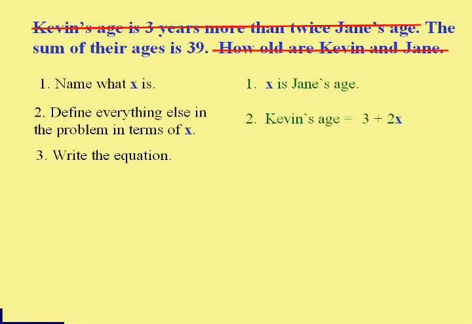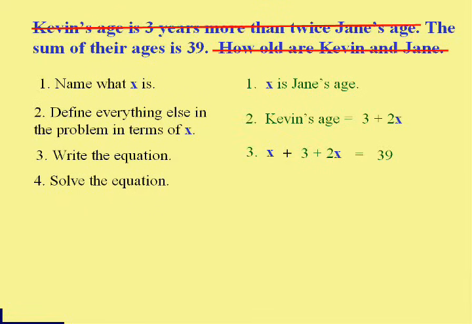I'm going to interpret word for word from steps 1 and 2. The sum of their ages, Jane's age plus Kevin's age, is 39. That's why I crossed out, to write the equation from what's left. Okay, I have an equation.